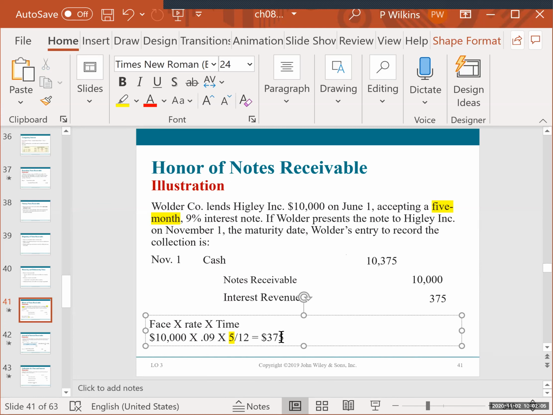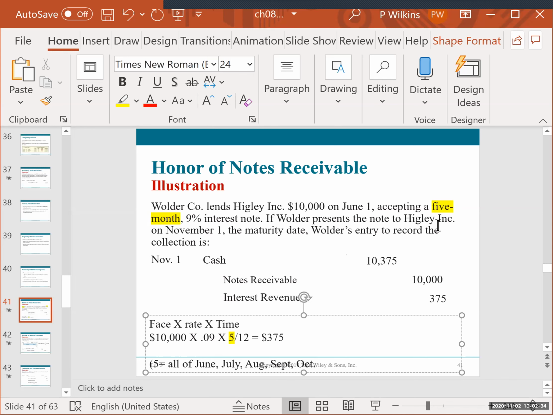It was June 1. So that means the 5 is equal to all of June, July, August, September, October. 1, 2, 3, 4, 5, October, okay? Why is it all of June, July, August, September, October?